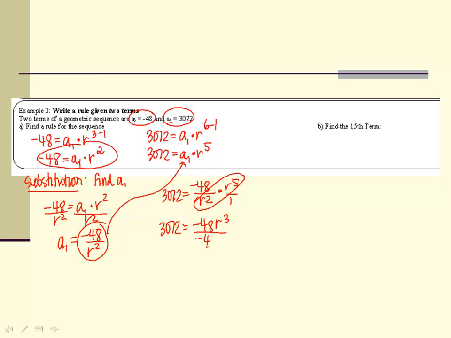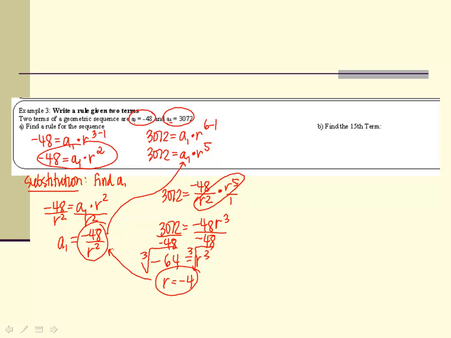So I divide by negative 48, and r cubed then equals negative 64. If I cube root, to get rid of a cube you cube root, I get that r is negative 4. So I found the first part of my equation, but in order to write the equation or the rule, I have to have both the r and the first term.